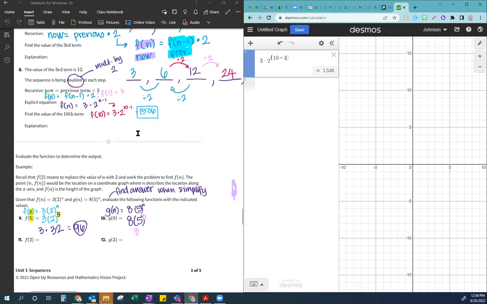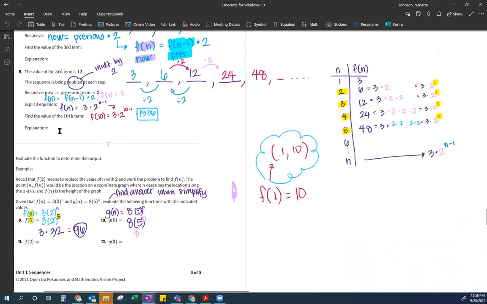Now, why did I choose to use the explicit? I'll just type this out really quick because I can type faster than I can write. Let me make this a tad bigger and then highlight it so it stands out.